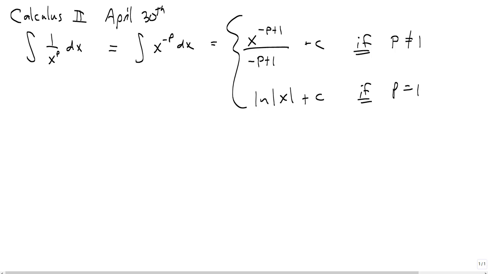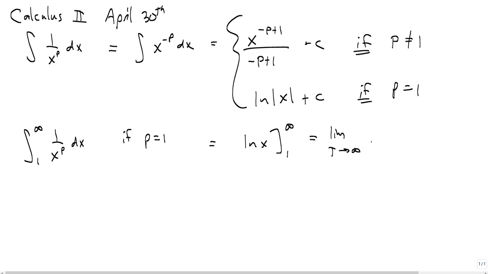But we were asking specifically about the integral from 1 to infinity of 1 over x to the p dx. It depends on what p is. If p is 1, then this is equal to the natural log of x from 1 to infinity, which we approach with a limit: the limit as t goes to infinity of the natural log of t minus the natural log of 1.